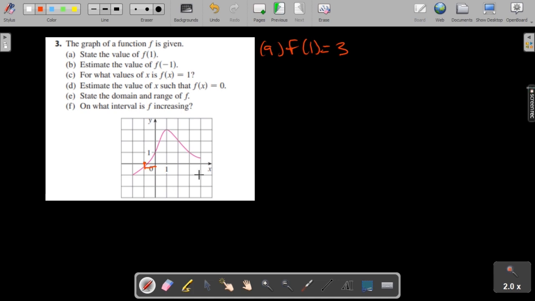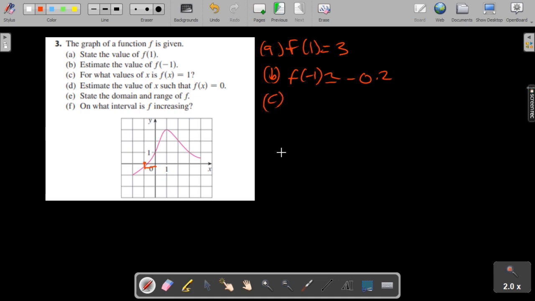It's roundabout negative 0.2, so it's on the negative side of y, and it doesn't look like it's halfway, so it can't be on the 0.4, 0.3, or 0.5 side. So a safe estimate will be around negative 0.2, and we have this sign to show that this is an approximation.